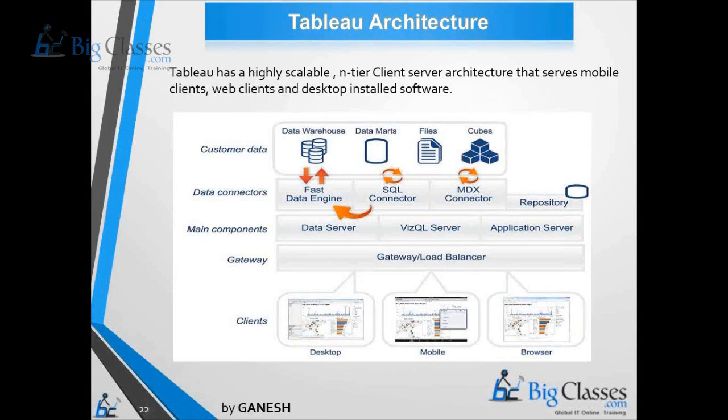With the help of components like data servers and connectivity, it can interact with data warehouses, data marts, flat files, cubes, SAP BW cubes or SSIS cubes. All these respective sources can be connected, and this is the layout. It's a 5-tier layer, which is highly scalable.